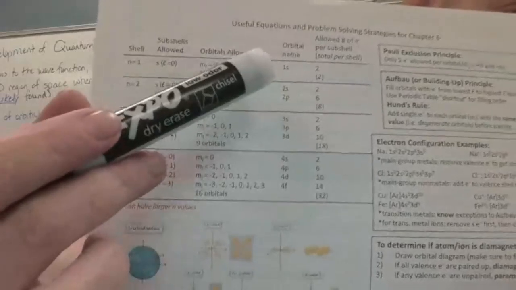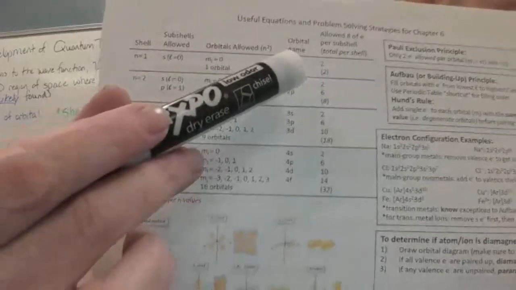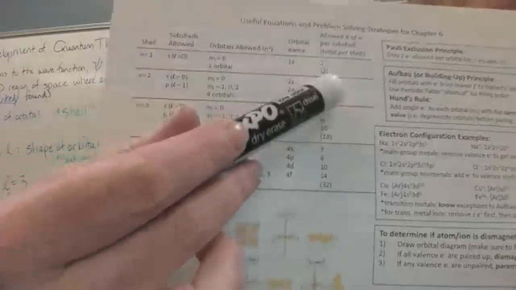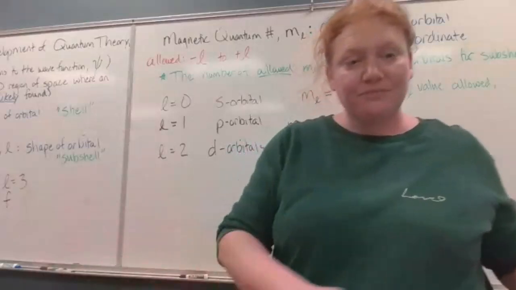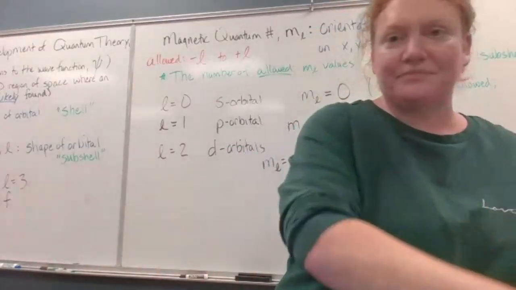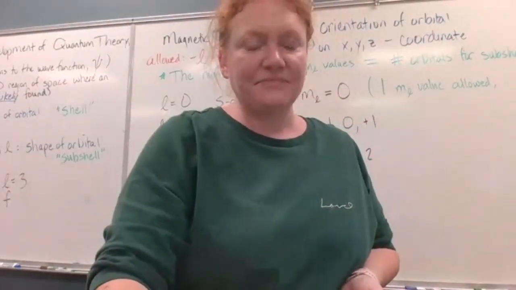That's going to help us name these orbitals by both energy level and letter. And then eventually this will help us understand how many electrons can fill those orbitals, because there's an order to that as well. Okay.